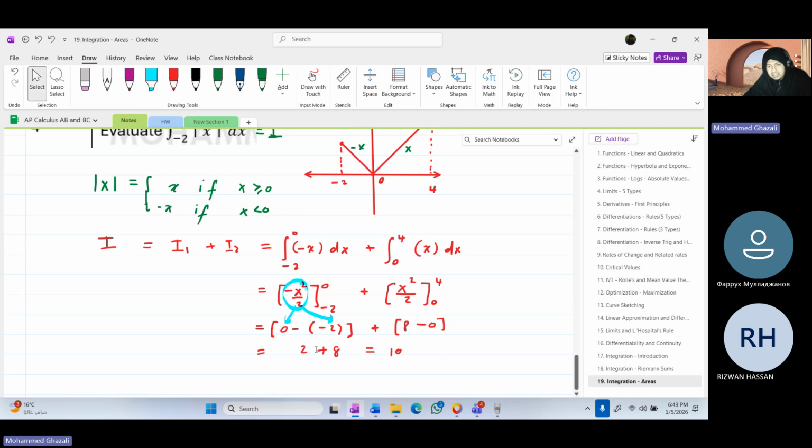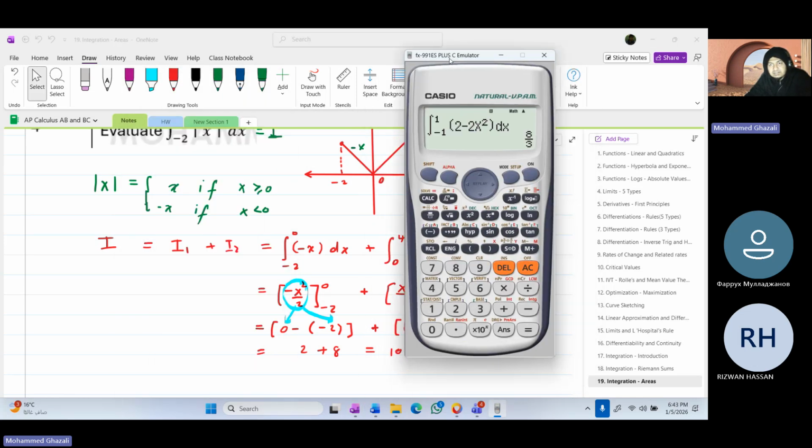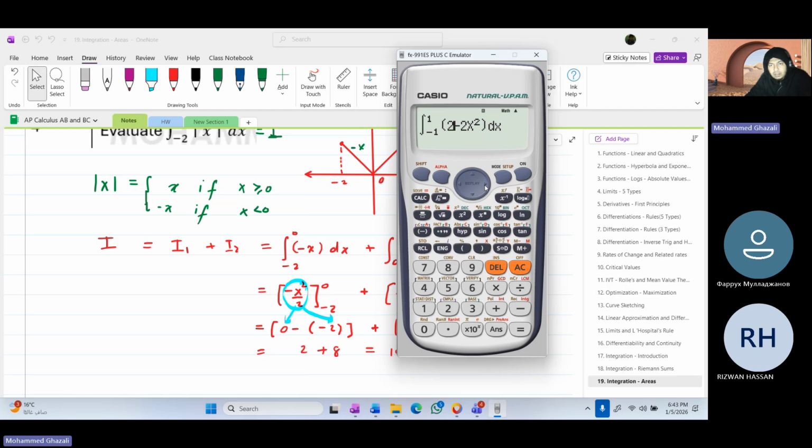Let's check on the calculator if we actually get 10 as an answer. We can do from -2 to 4 of the absolute value of x. You know how to put in the absolute value function. Let's see, where's the absolute value?